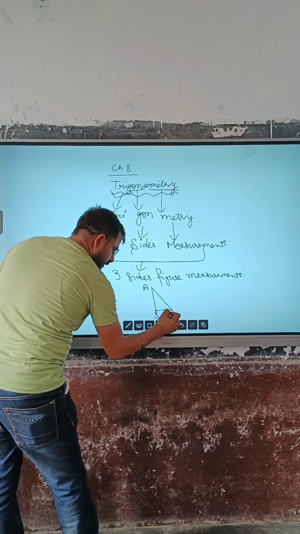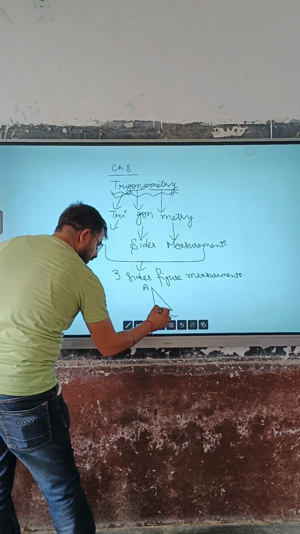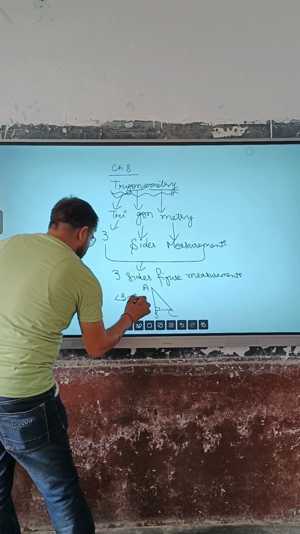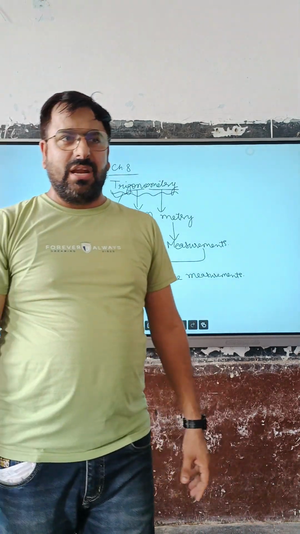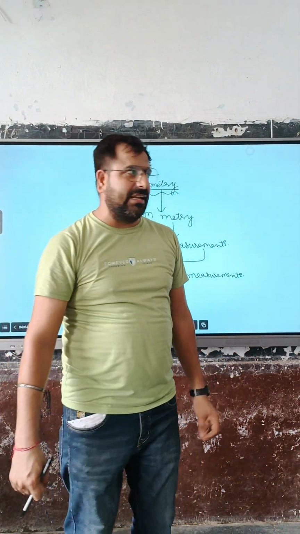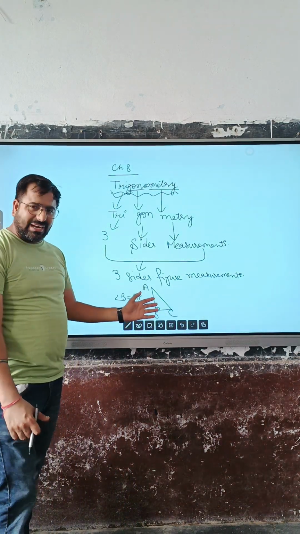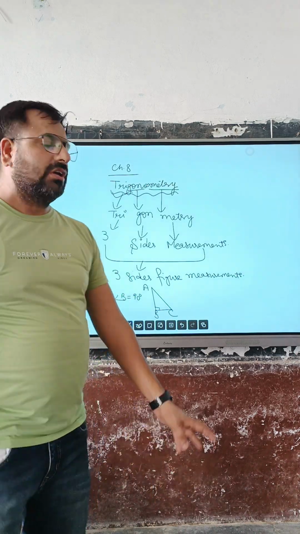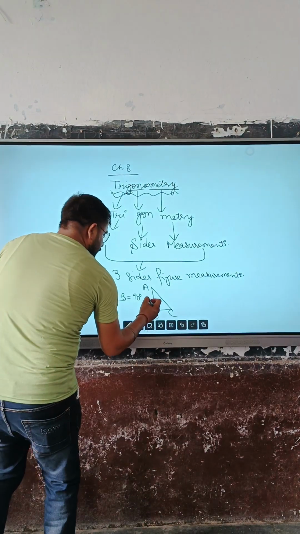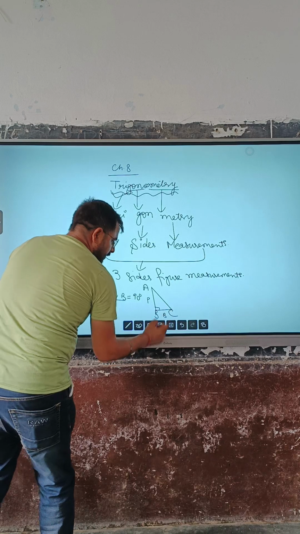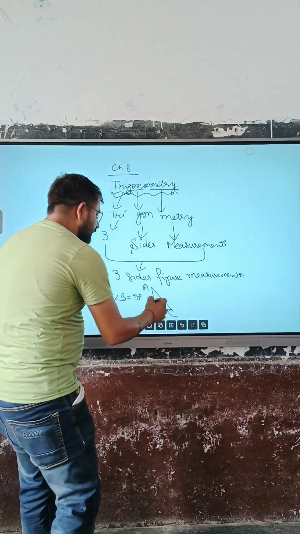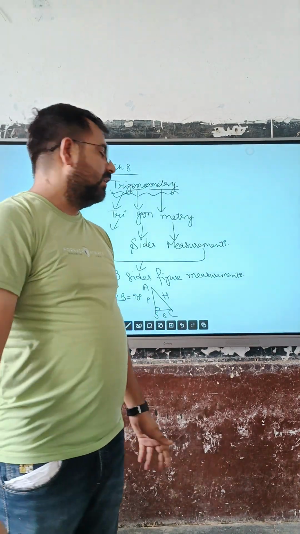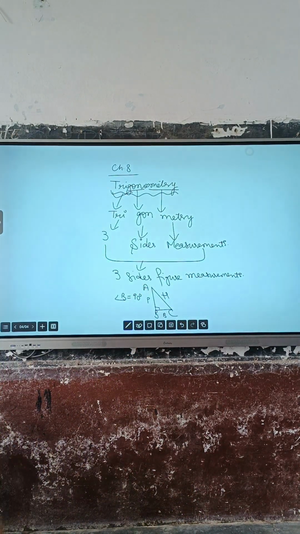So ABC is a right angle triangle. Right angle is at B. The angle of 90 degree is a right angle, and this is a right angle triangle in which one side is the base, one is the perpendicular, and the third side is the hypotenuse.